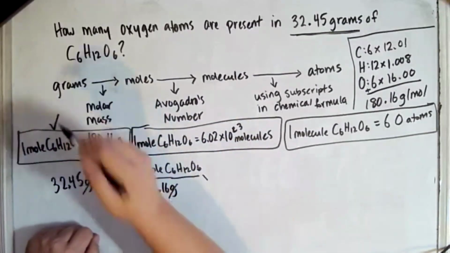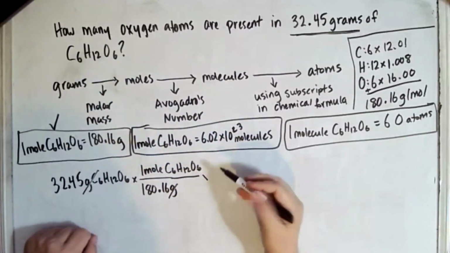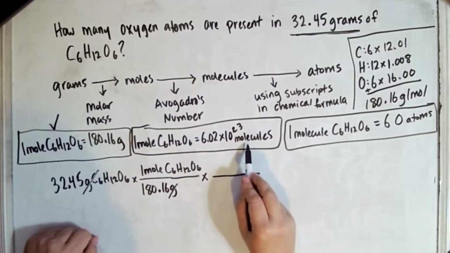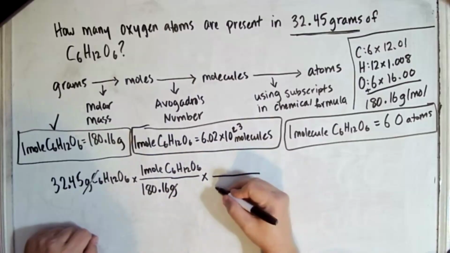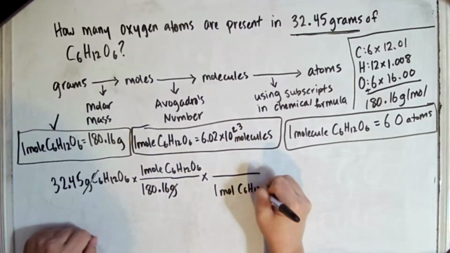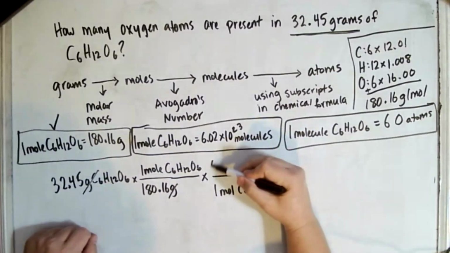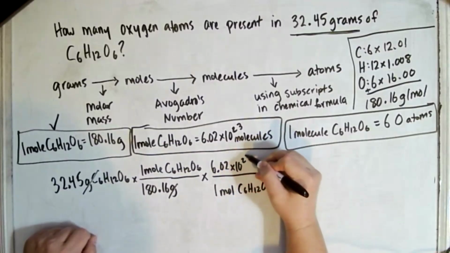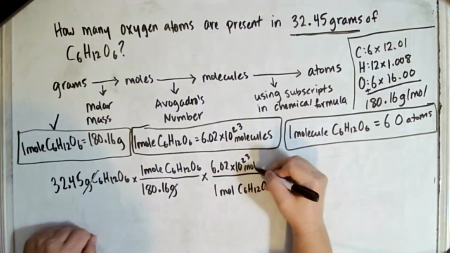And now we've used that conversion factor, so we're good there. Our next step, we're going to go from moles into molecules. So we're going to put our mole on the bottom so that the mole unit cancels out. And then we're going to put 6.02 times 10 to the 23 molecules up top.